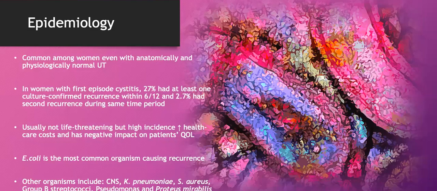It's usually not a life-threatening infection, but the high incidence increases healthcare costs and has a negative impact on patients' quality of life. E. coli is the most common organism causing UTI recurrence, and other organisms include coagulase negative staph, Klebsiella pneumonia, Staph aureus, Group B streptococci, Pseudomonas, and Proteus mirabilis.